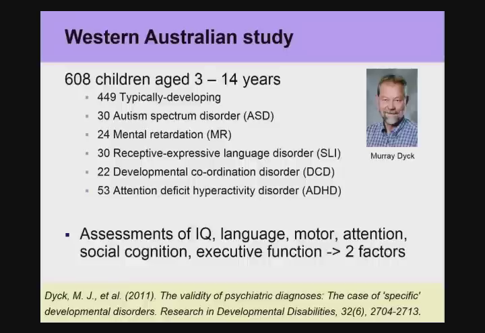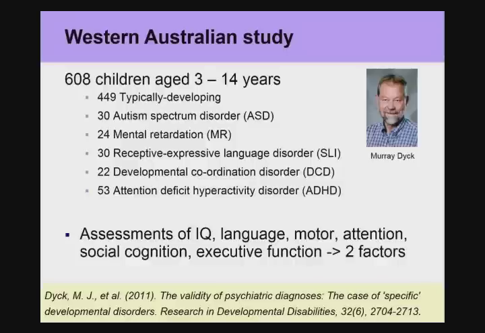And what he did was to say, if these are really distinct disorders and we give these children a very comprehensive battery of different measures of different aspects of mental functioning, we should be able to identify little clusters of children who are more similar to each other, and then there should be what he described as points of rarity between these clusters, where you wouldn't see so many children.